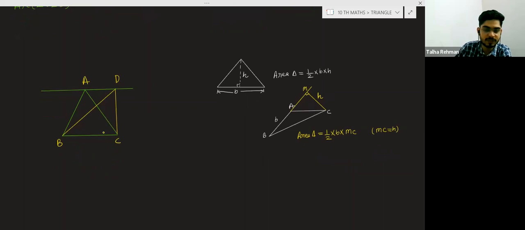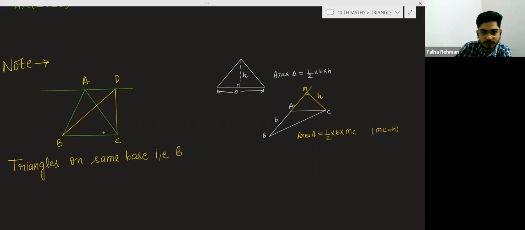So here you can write one statement. Triangles on same base, that is, here BC is the base, and between same parallel have equal areas.